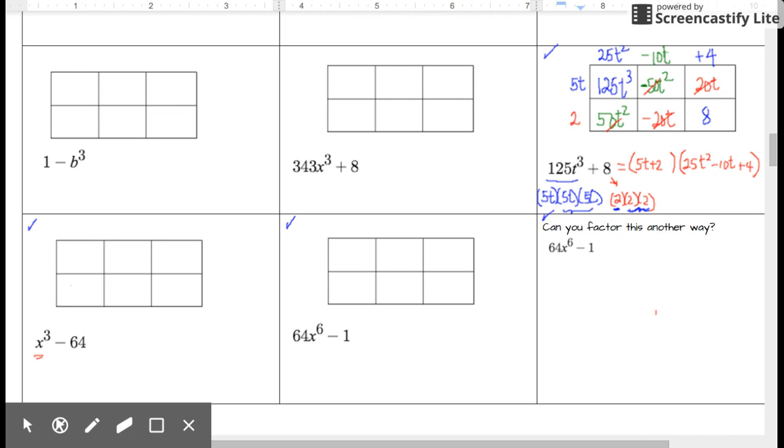This is going to be x cubed. This is going to be negative 64. Now we figure out what we multiply to get x cubed, and that's going to be x times x squared. And negative 64 could be negative 4 times positive 16.